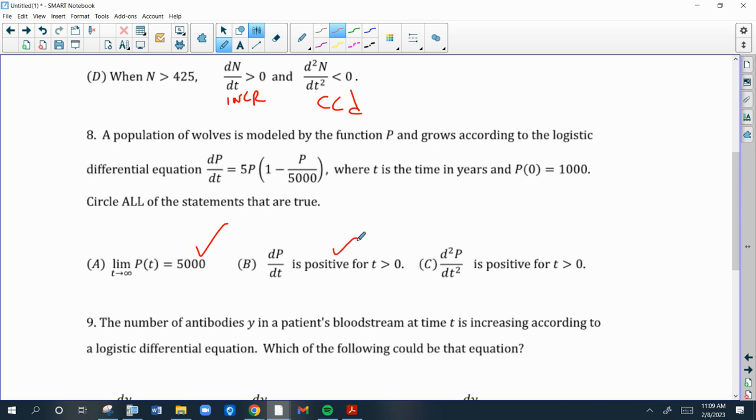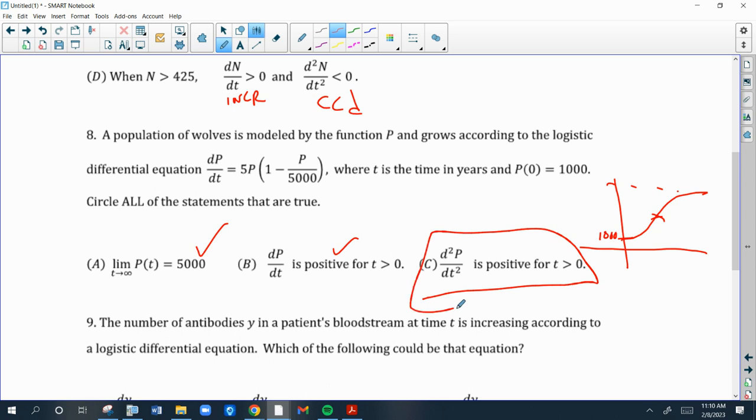It is always increasing because we're starting at a number lower than the carrying capacity, so that must be true. Now, since the carrying capacity is more than twice the initial condition, which is 1,000, it must change concavity. So the second derivative is not always positive. That's false. So circle all the statements that are true. That would be A and B.